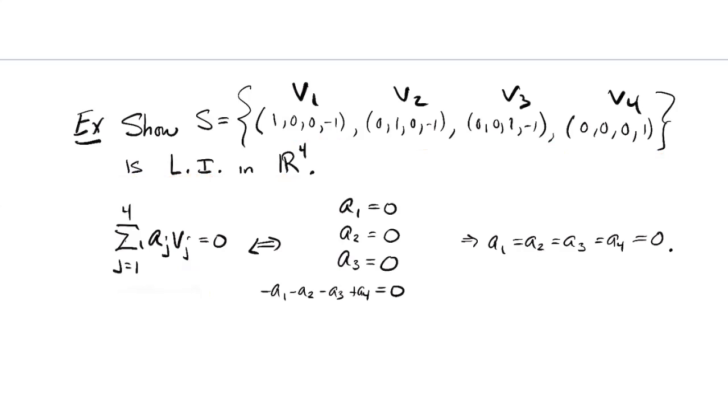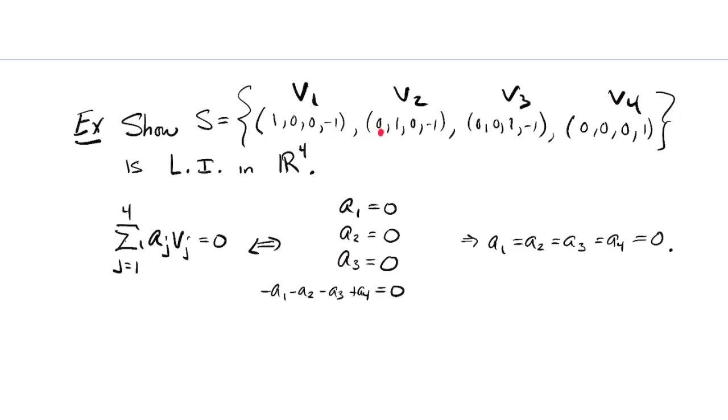Well, then think about the equations that I'd get from that. When j is 1, I'm looking at the coefficient of this vector. The a1 gets multiplied by this vector, with a 0 and a 0 in the second and third coordinates, and then I have a minus a1 there.